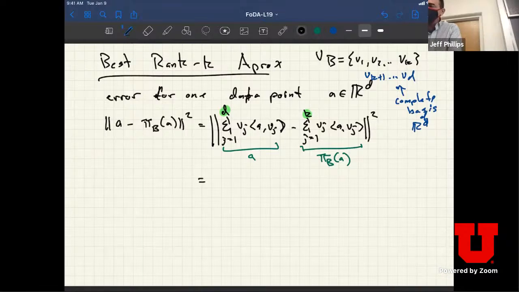So what is left here is this norm of the sum from J equals K plus 1 up to D of VJ dot A times VJ, because the other terms cancel.